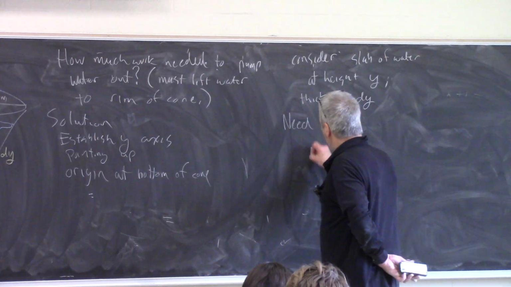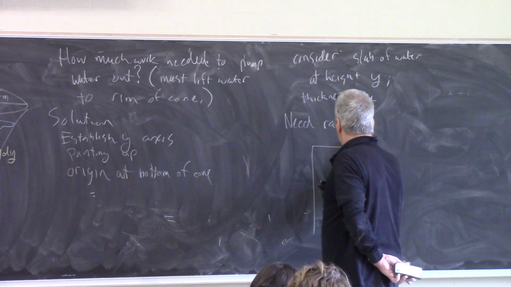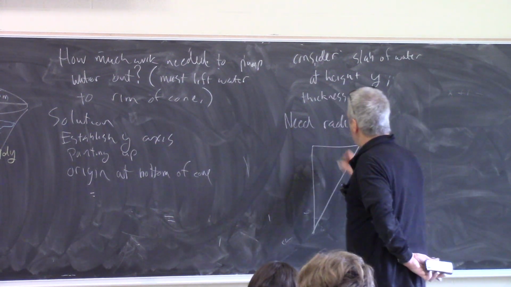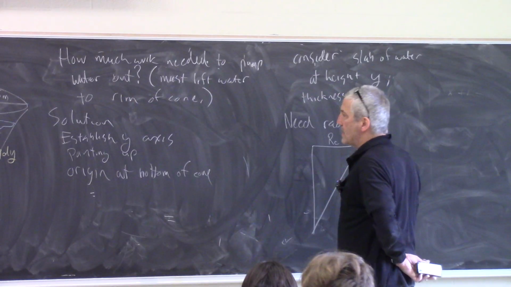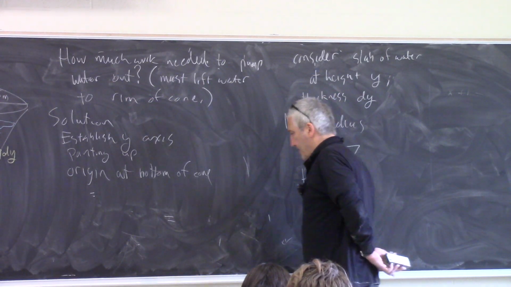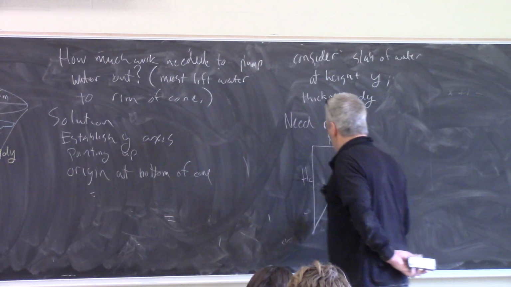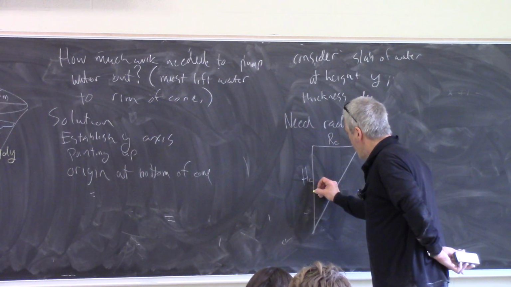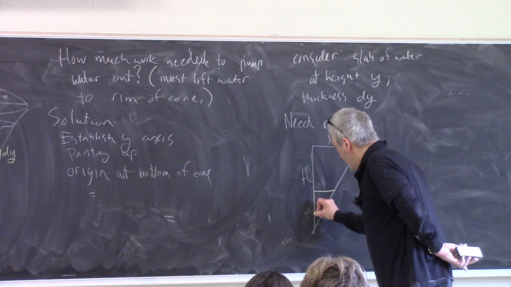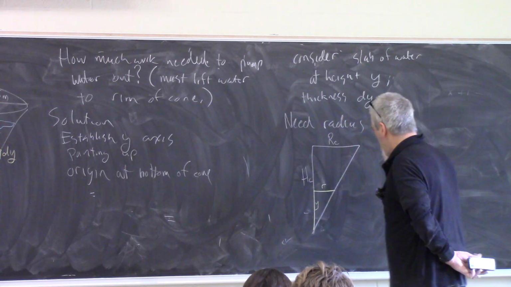Well, luckily we can use similar triangles. So here's my cone with radius capital RC and height capital HC. And then I've got my disk that's here, and its height is y, and its radius is r.